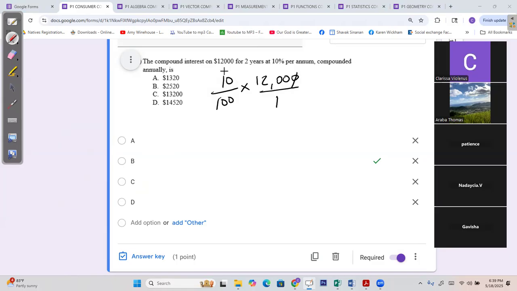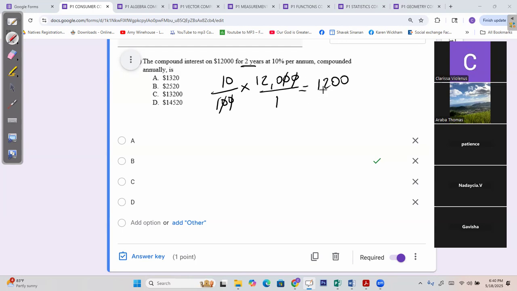I'm trying to understand the language. It's kind of hard, but let's see. For 2 years, sorry. I'm so tired I didn't see the 2 years. So it's going to be 120 times 10, which is 1,200.